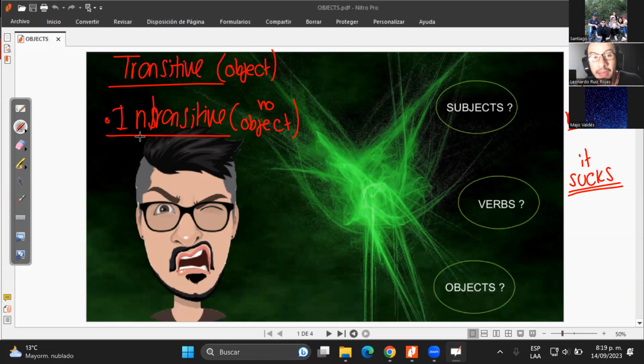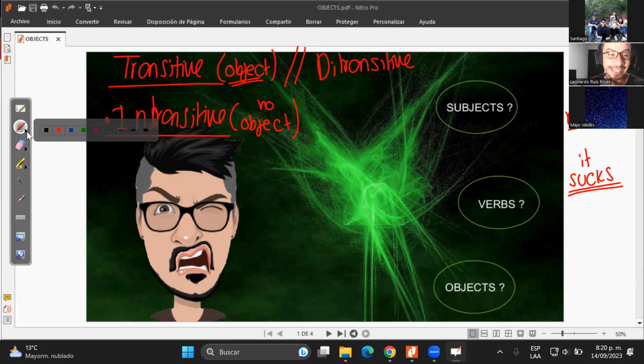Ready? But when we have transitive verbs that have an object, we are going to have another subcategory. We can have transitive verbs and also ditransitive verbs. Maybe do you remember what is the difference between transitive and ditransitive? No?